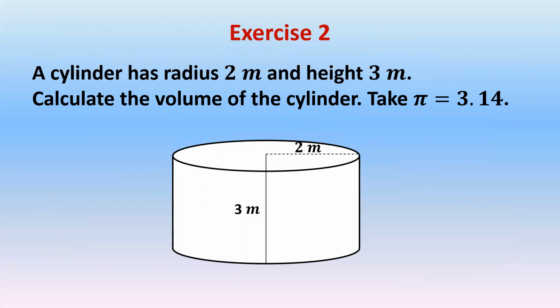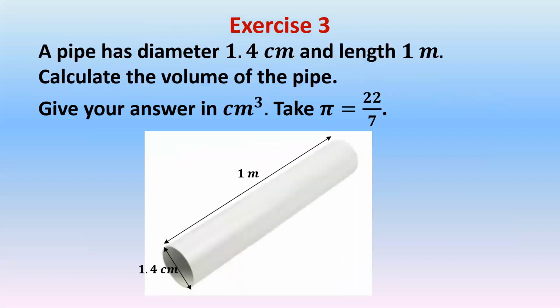Take pi to be 3.14. Exercise 3. A pipe has diameter 1.4 centimeters and length 1 meter. Calculate the volume of the pipe. Give your answer in centimeter cube. Take pi to be 22/7.